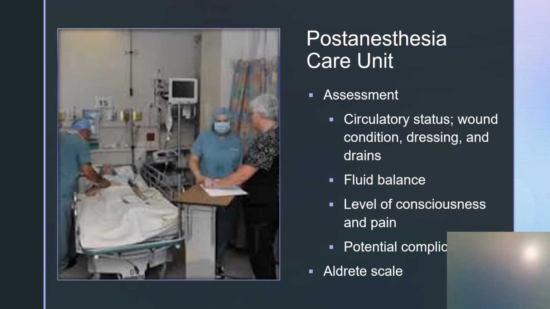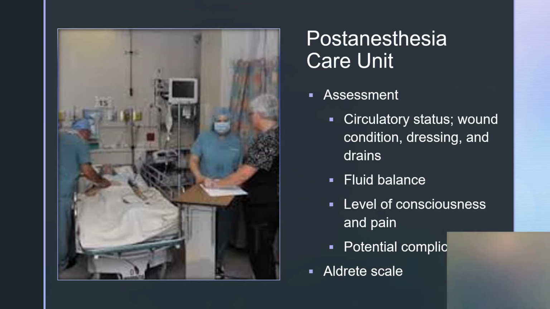Circulatory status will include monitoring the wound condition, the dressing, and the drains, in addition to the vital signs, the blood pressure, circulation, cap refill, etc. Fluid balance will include IV fluids or a urinary catheter or drain output. The PACU nurse will also monitor the level of consciousness and pain and monitor for potential complications.